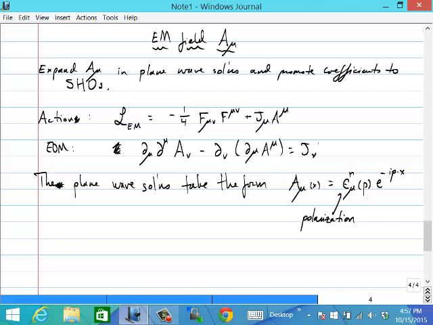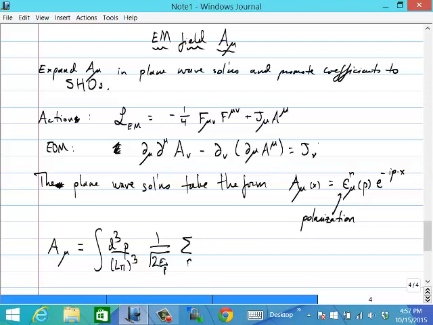But the basic idea is that one takes the field A, and just as we've already done twice today in class, you expand it in a set of raising and lowering operators.